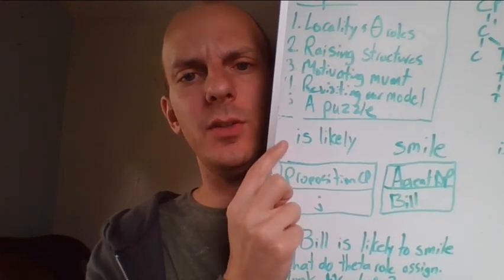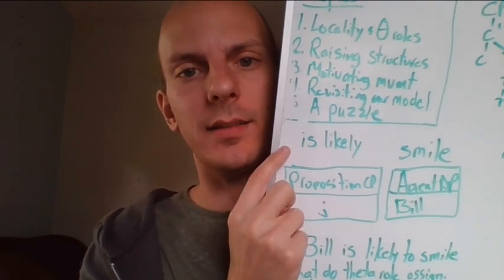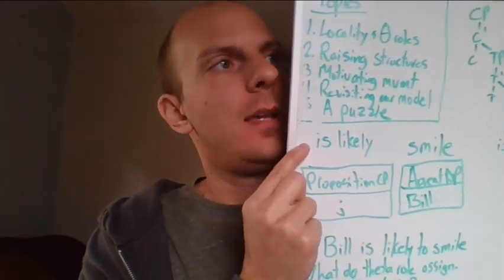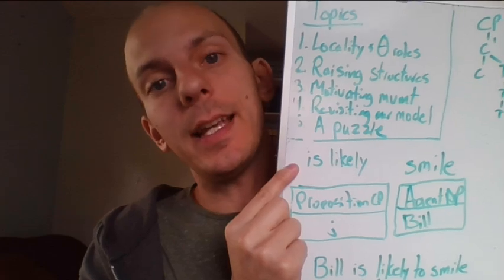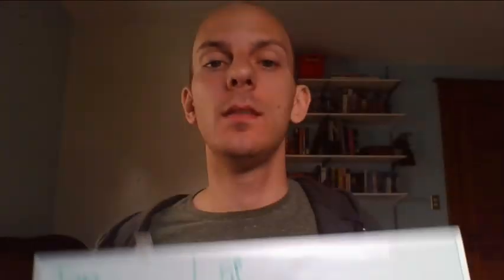But we find that we can do this with other things like is likely, right? Like that I give this lecture slightly late is likely. That Ross gives his lecture slightly late. That's the proposition, is likely, right? So is likely there is assigning its propositional CP theta role to that Ross gives his lecture late.